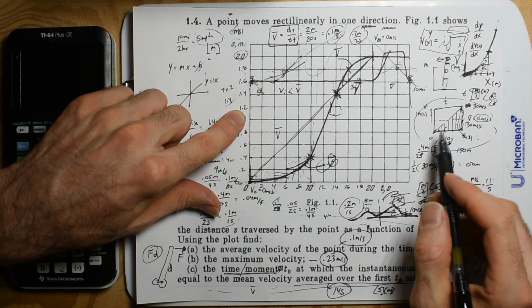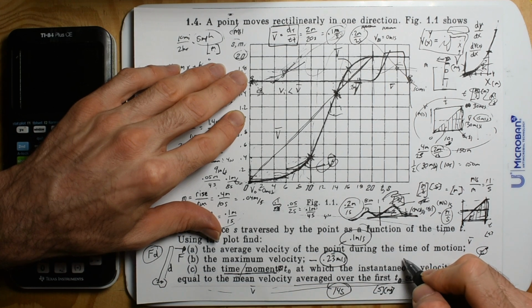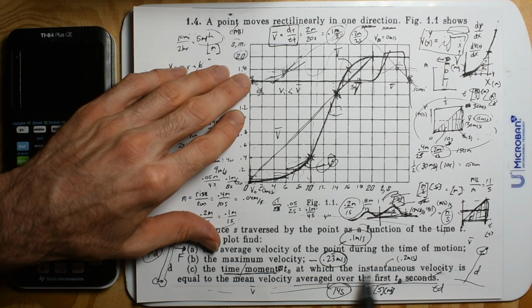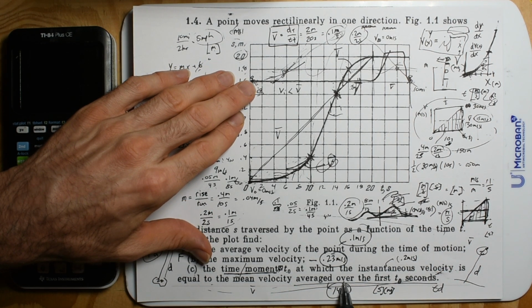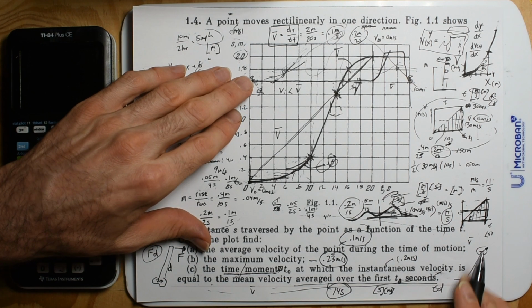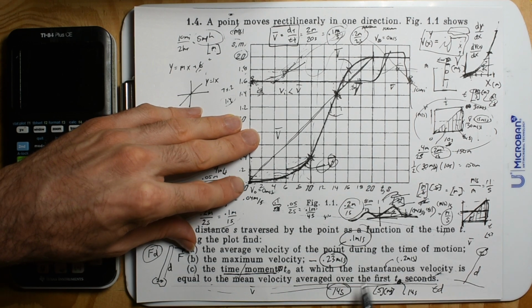So I would say the moment at which the instantaneous velocity of 0.2 meters per second is equal to the mean velocity over the first t naught seconds, and t naught is that 14 seconds.